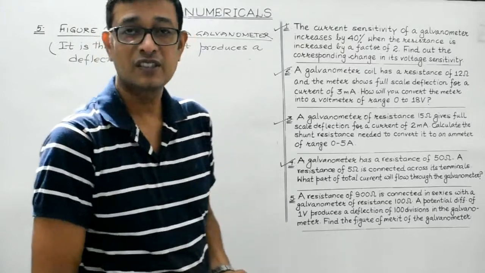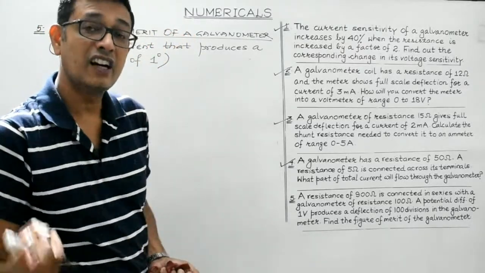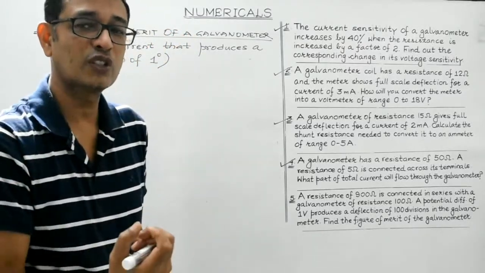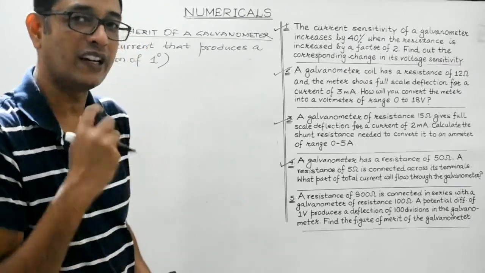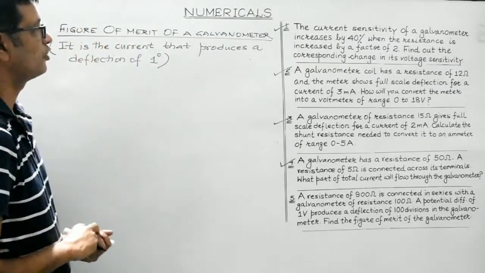So will you remember, students? Figure of merit is the current that needs to be passed through the coil so as to produce in it a deflection of 1 degree. So this is the definition of figure of merit.